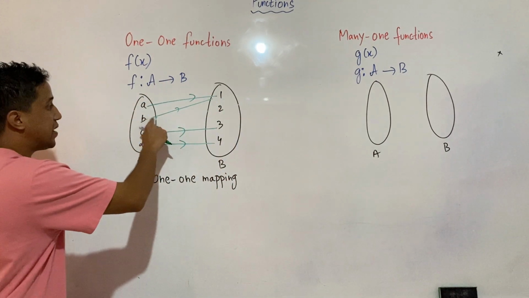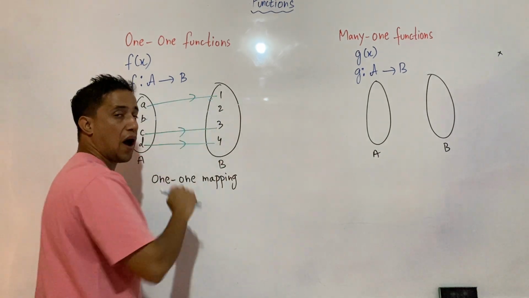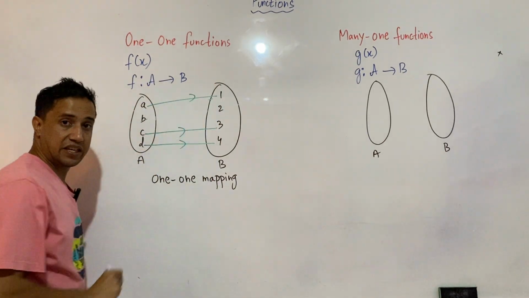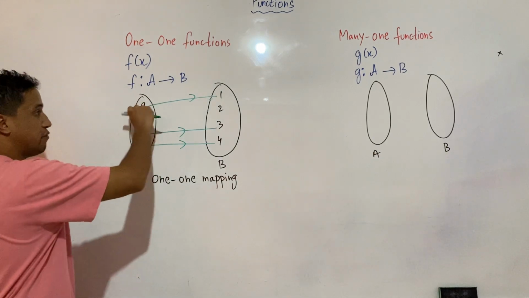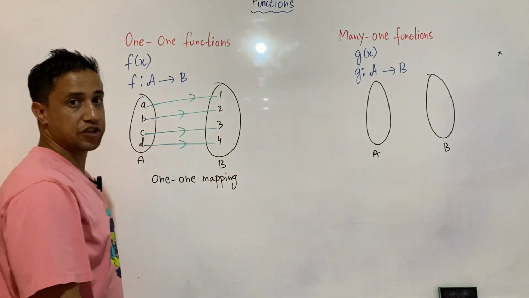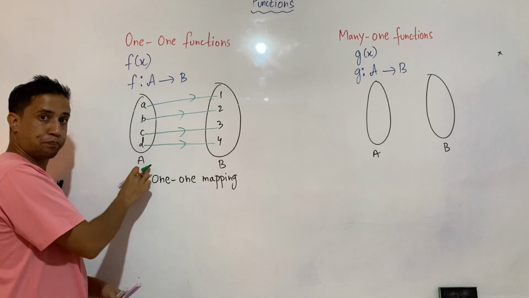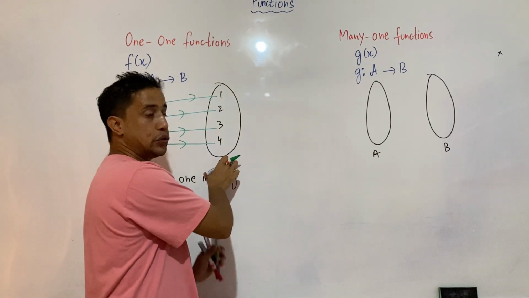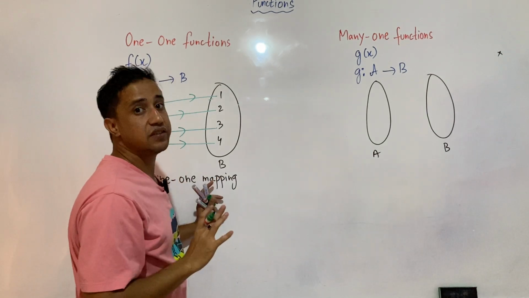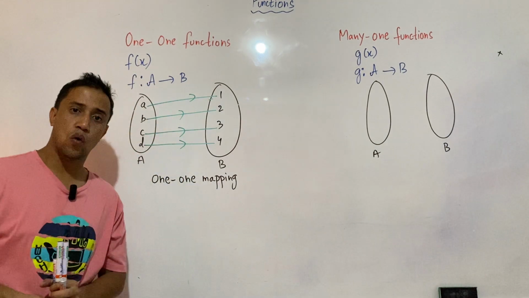So b cannot be related to 1, because if you relate b to 1, then it's not going to be one-one, it's going to be many-one, because many elements will relate to 1. So for any function to be one-one, each element in set A must be related to a single and unique element in set B. This is known as your one-one function.